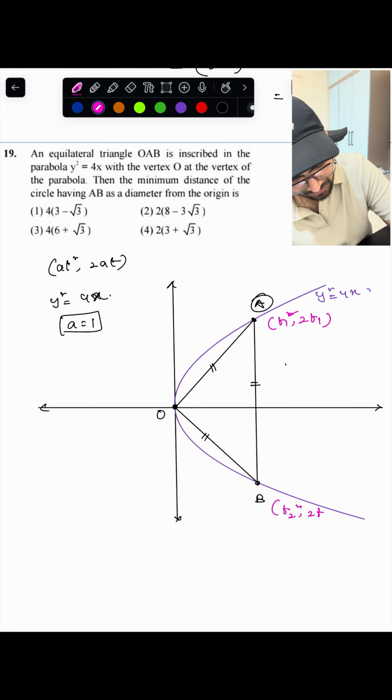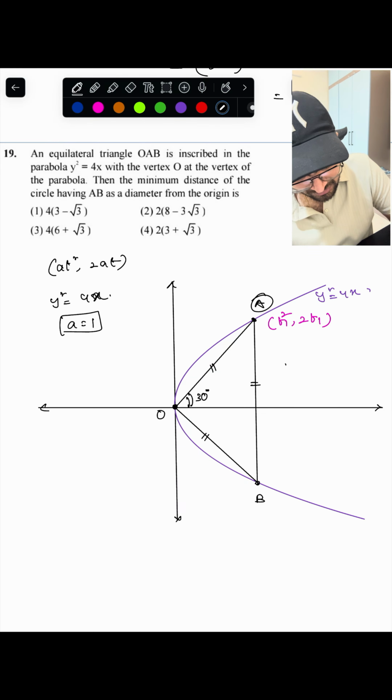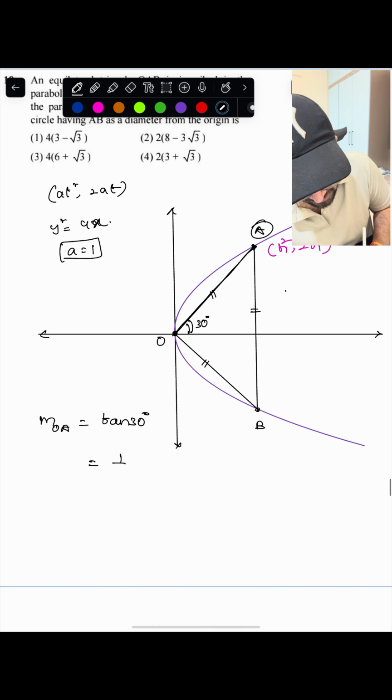Yeah, so A we can assume as t1 square comma 2t1. The same thing we have used earlier: this total is 60, so this is 30 degrees. The slope angle of OA is 30 degrees, so slope is tan 30, which is 1 by root 3.